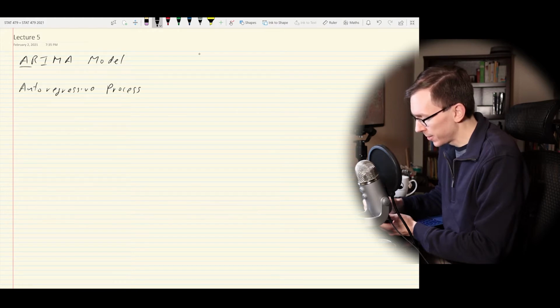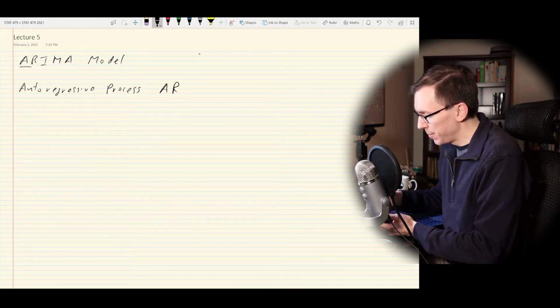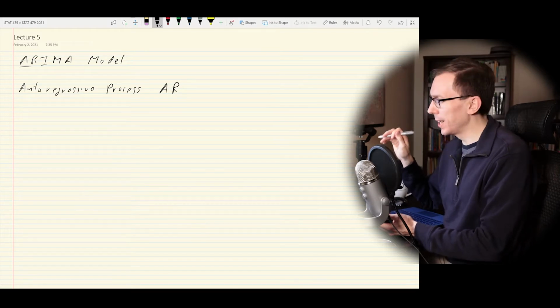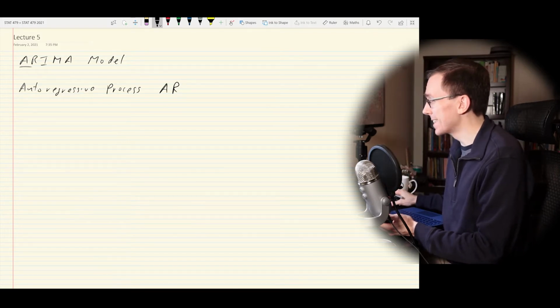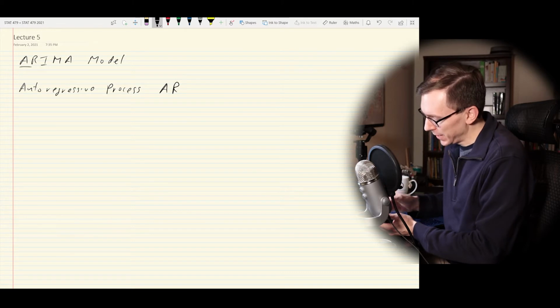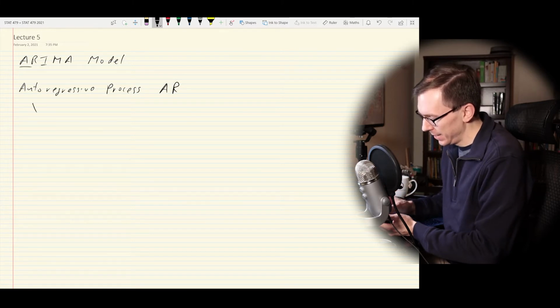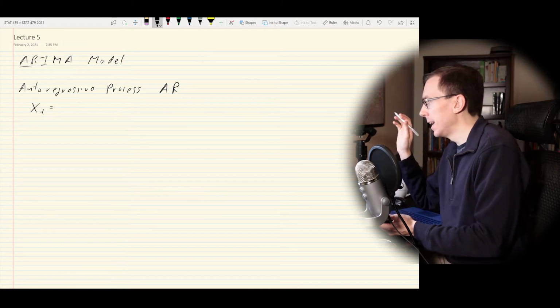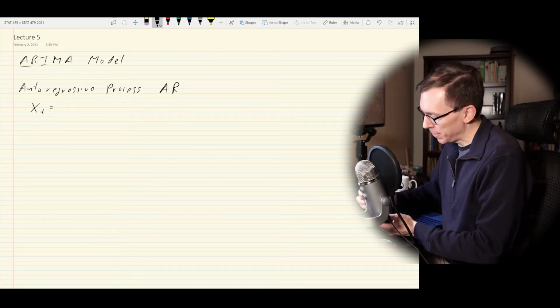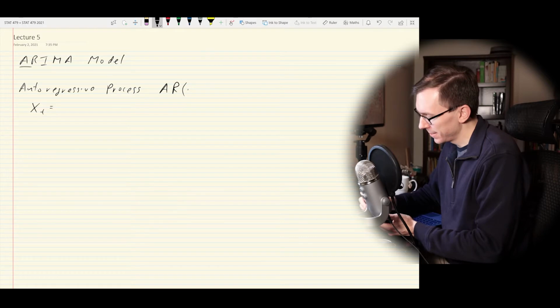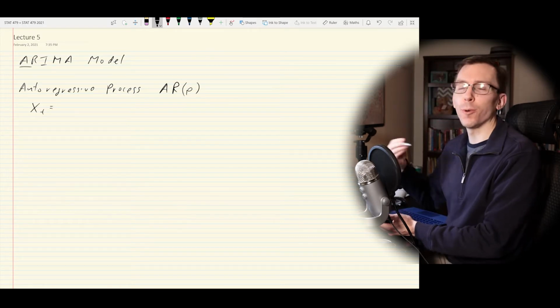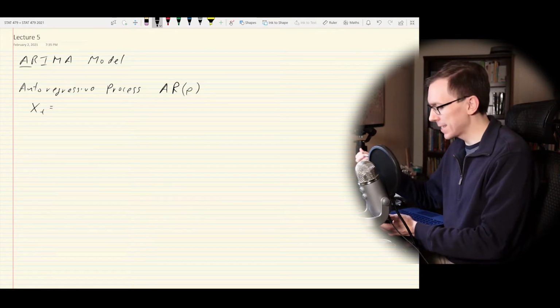We did see this already, but now we're going to go through it in a little more formality. We can define X_t to be an AR(p) process, so a pth order autoregressive process.